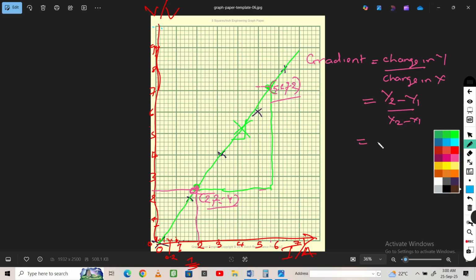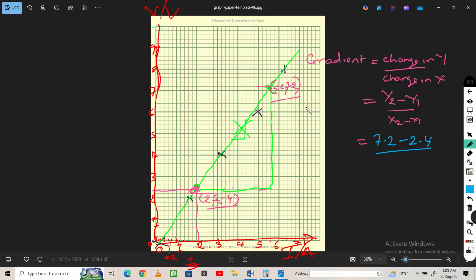7.2 minus y1. Y1 will be this one now. This is y1 here, 2.4. So this is y1 and this y2 up here, which is this. So we come minus 2.4 divided by x2.